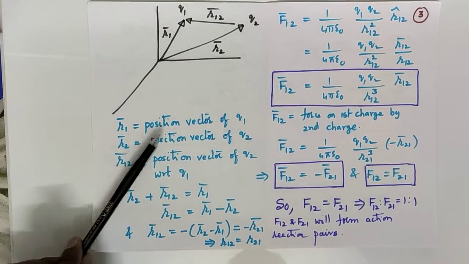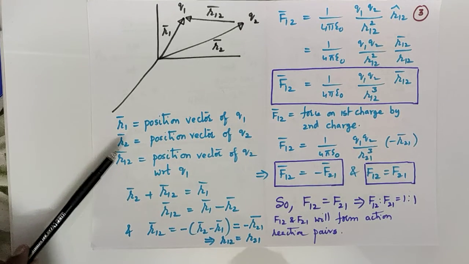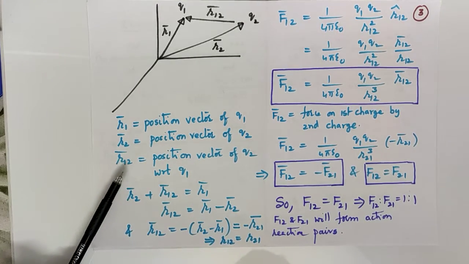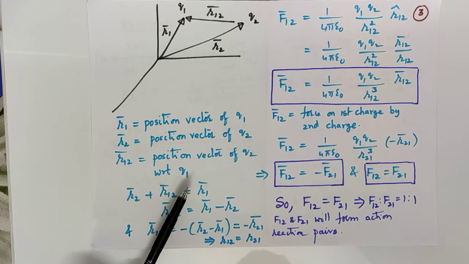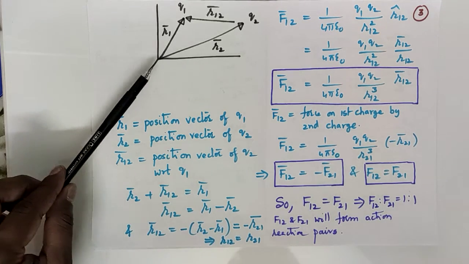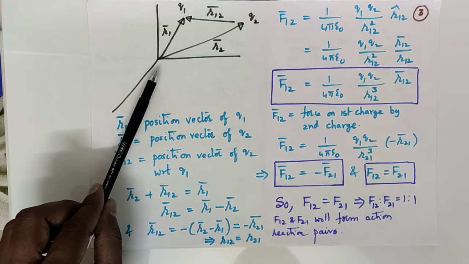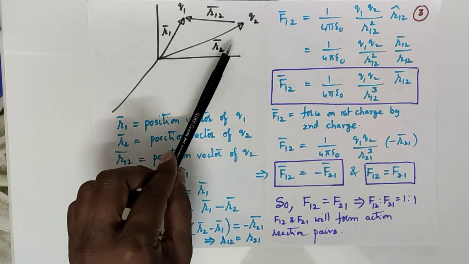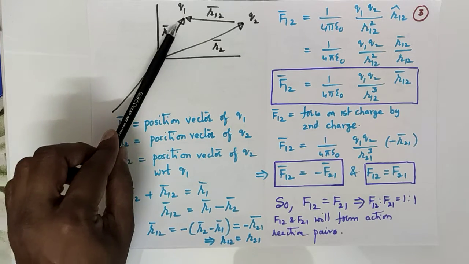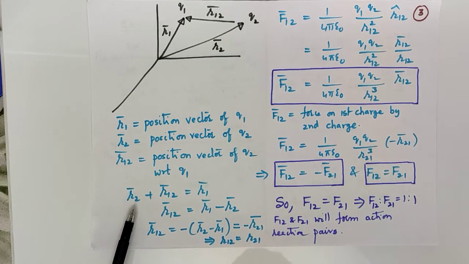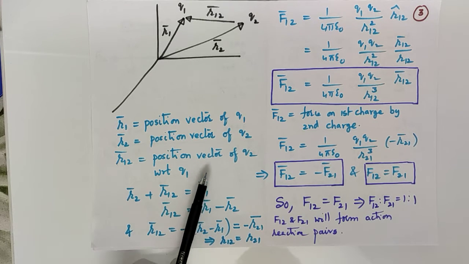So according to vector addition, R2 bar plus R12 bar is equal to R1 bar.